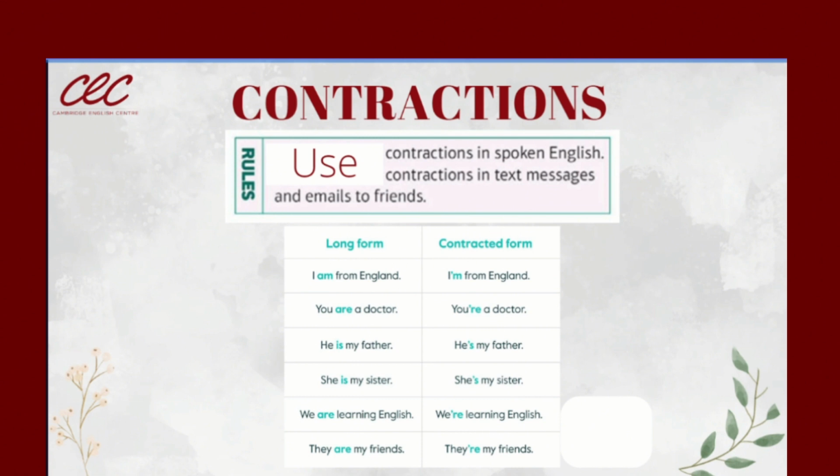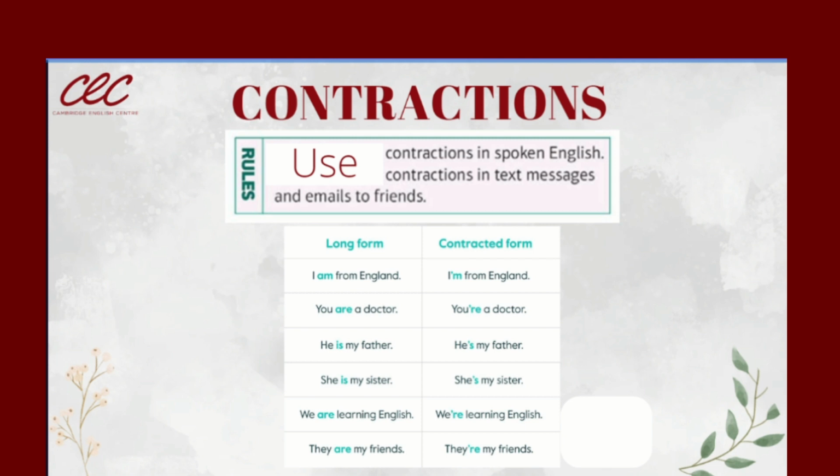So, let's review. When do we need to use contractions? When we are talking or maybe writing with informal language. That means when we refer to people who are part of our family members, maybe to talk to people, to talk to some friends, okay? But not when we need to use a formal language, okay?